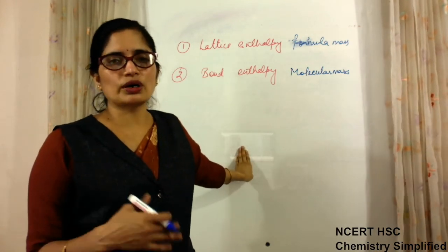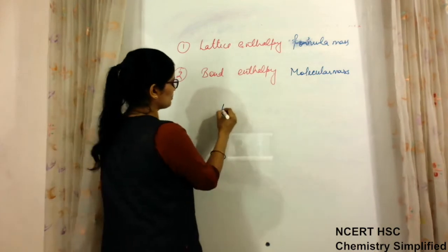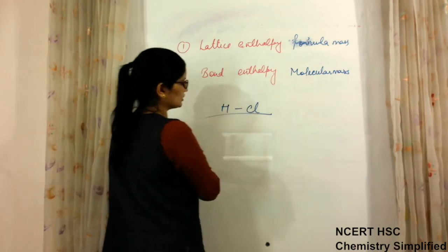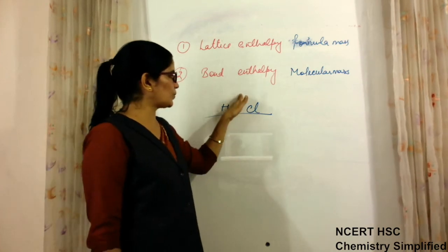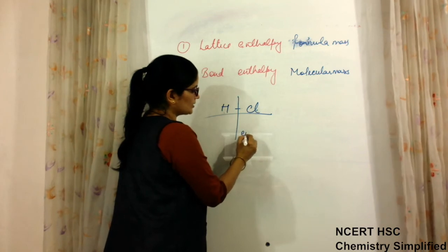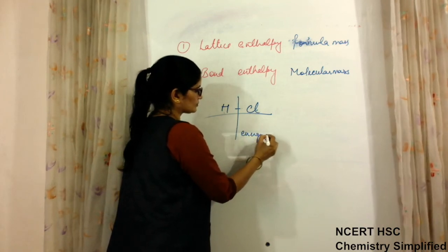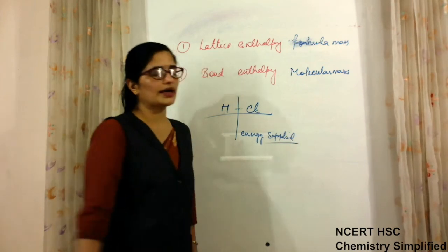So what is bond enthalpy? Suppose I talk about a bond between hydrogen and chlorine, HCl. Whenever a bond is to be broken between the two, energy is supplied. We have to supply energy.